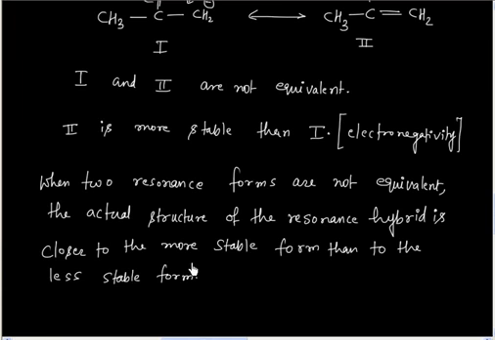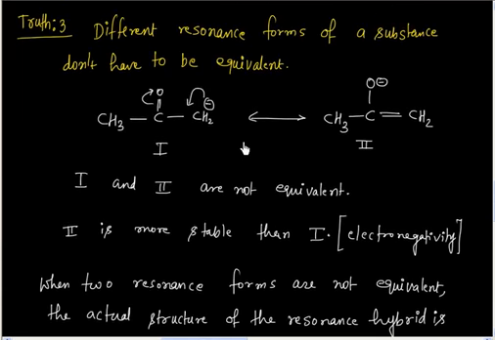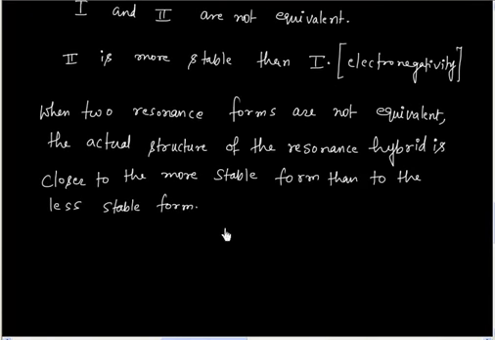So in this case, the actual molecule will be closer to structure 2 because this is more stable. So in this case, the hybrid is closer to 2.